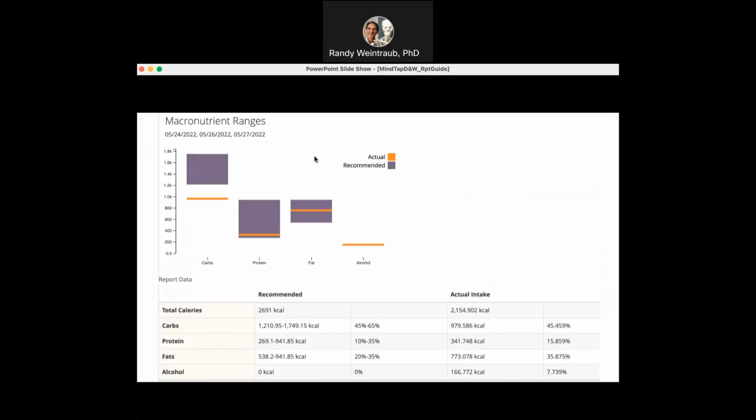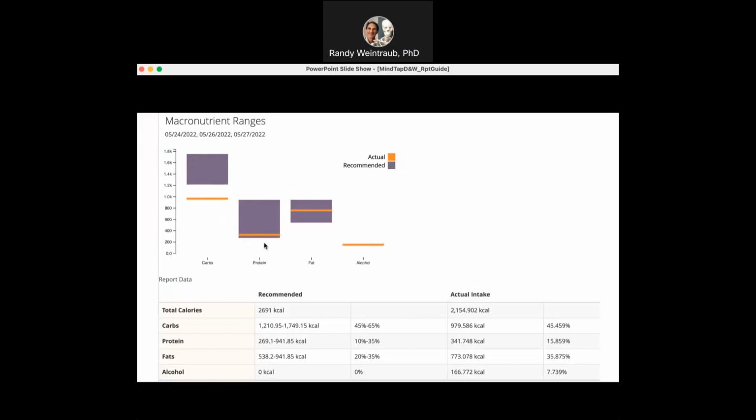There are also some very nice graphics here. Here you see the macronutrient ranges for myself, from the data I put in, and it has actual and recommended. The actual is my 3-day average, shown by the orange lines, and the recommended.